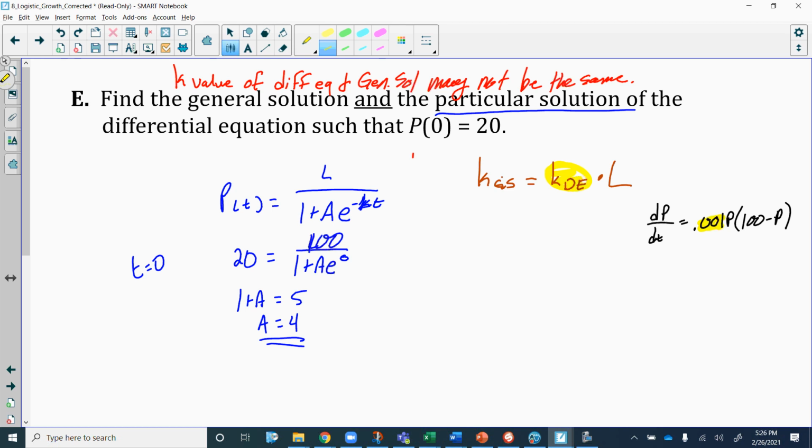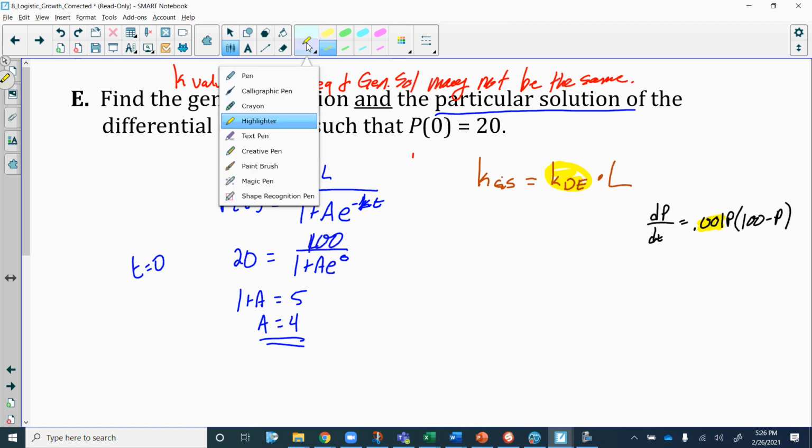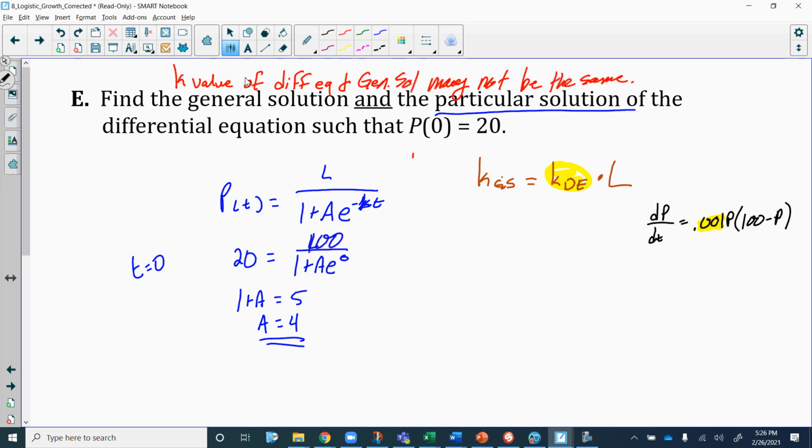So if I want to know the k value of the general solution, I take the k value of the differential equation, 0.001, and multiply it by the carrying capacity of 100, and that's how I'm getting 0.1.